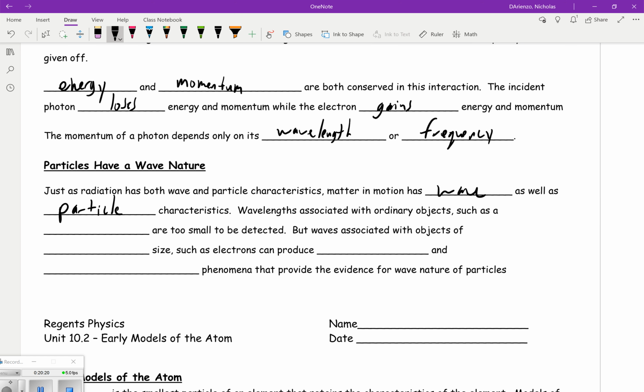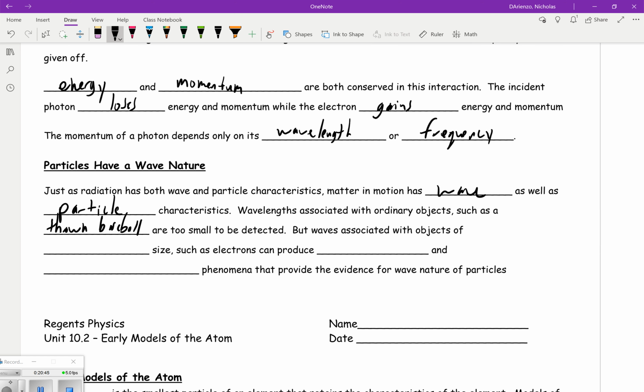So the wavelength of an ordinary object, let's think of a thrown baseball. If you were to lob a baseball over to a friend, the wavelengths are going to be too small to be detected.